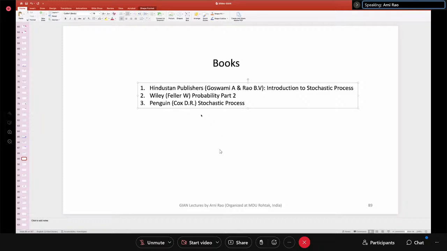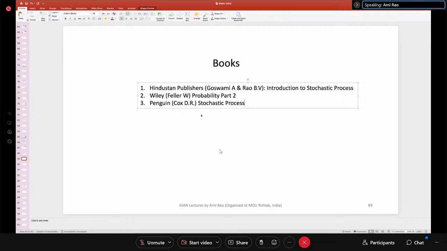Yeah, these books are very good. D.R. Cox is one of the leading statisticians. He died just a few weeks ago. He was at the age of 97. He is like C.R. Rao, D.R. Cox, William Feller, Fisher, R.A. Fisher. They are all world famous statisticians.